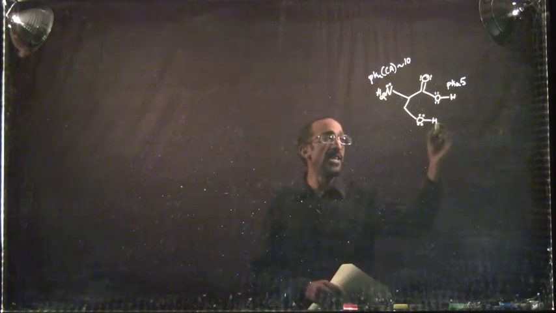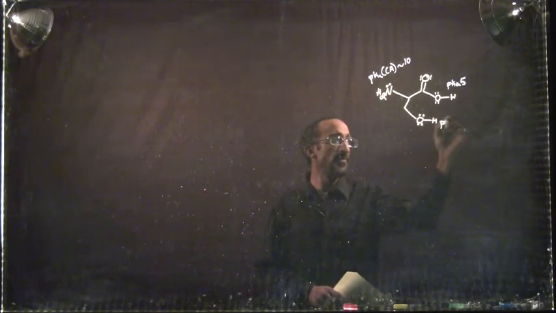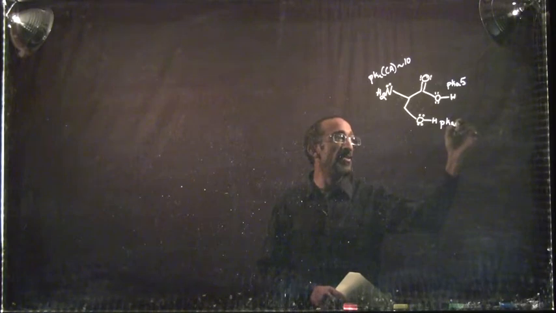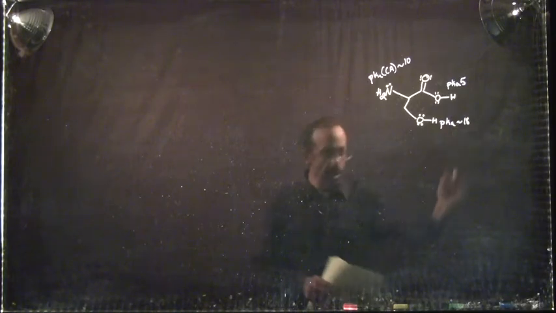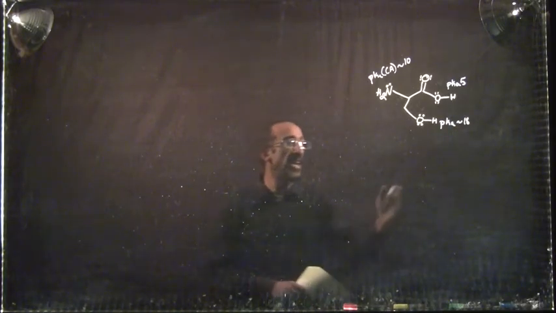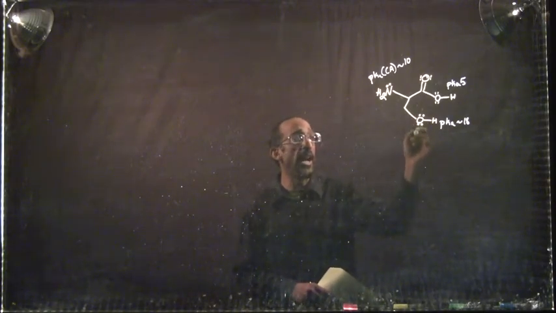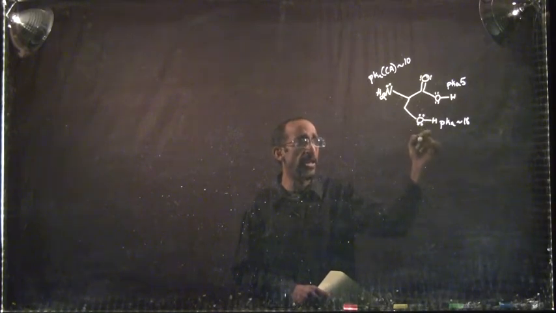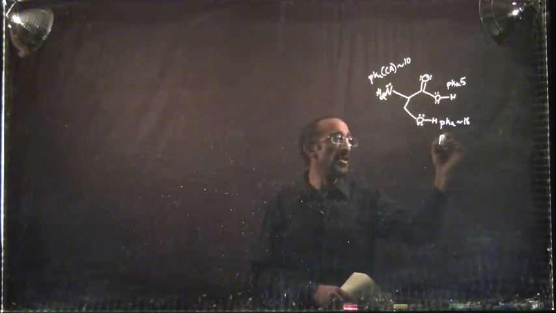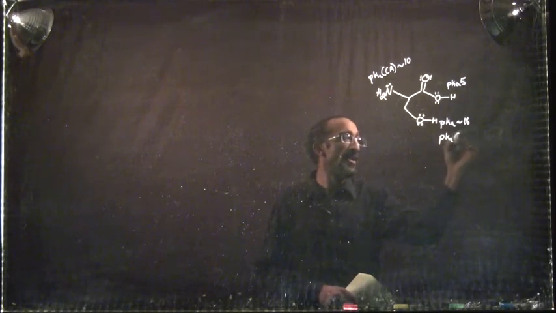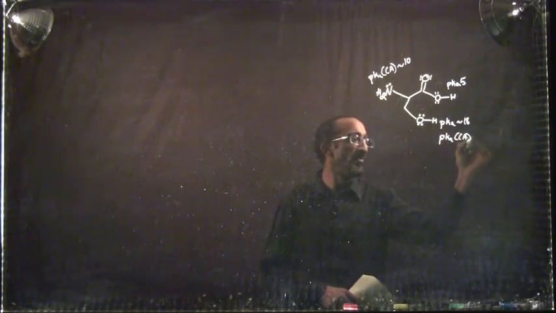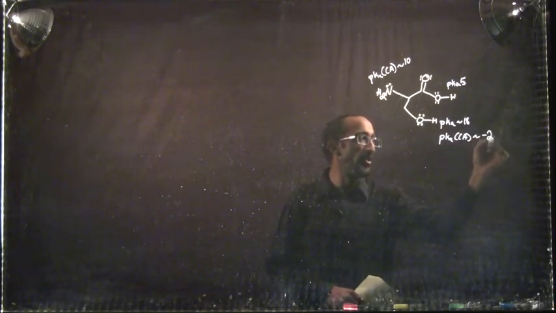So its pKa as an acid is approximately 18, and the pKa of its conjugate acid, which has two hydrogens off of this oxygen and a positive charge, is approximately -2.